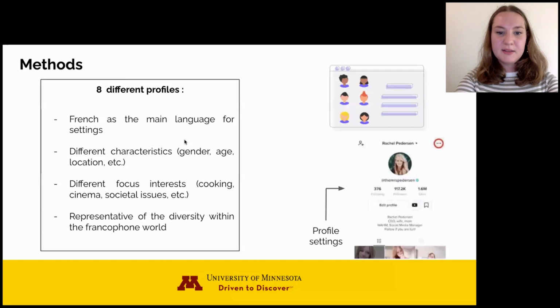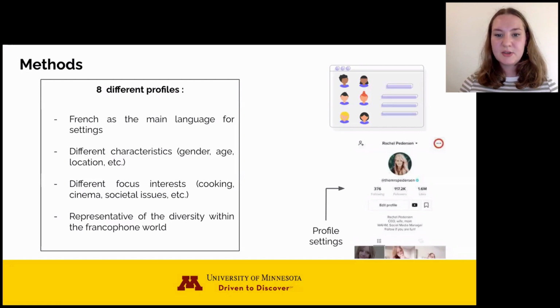And to create the different profiles, we first set French as the main language, and we only interacted with content in French, avoiding as much as possible content created purposefully for language learning, to focus on authenticity.